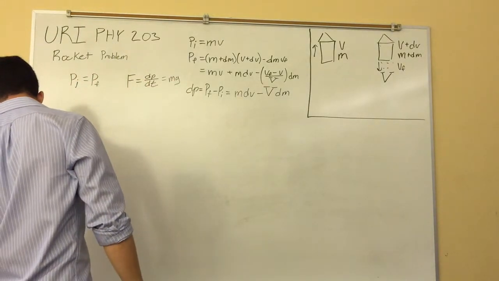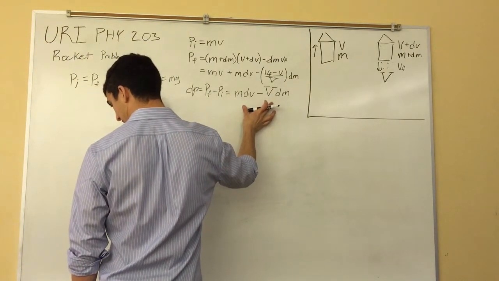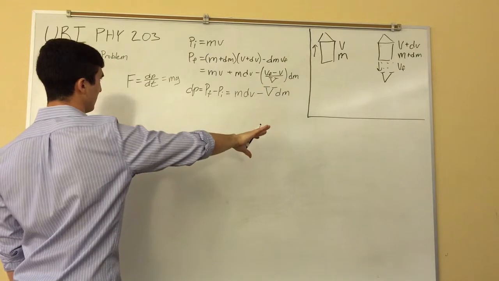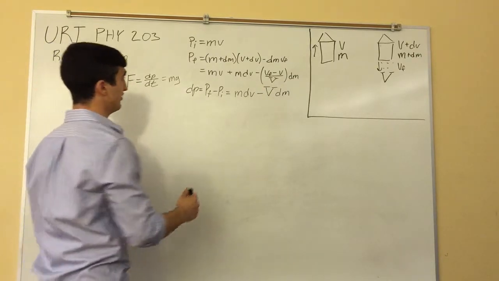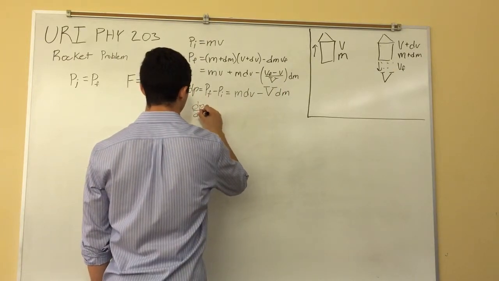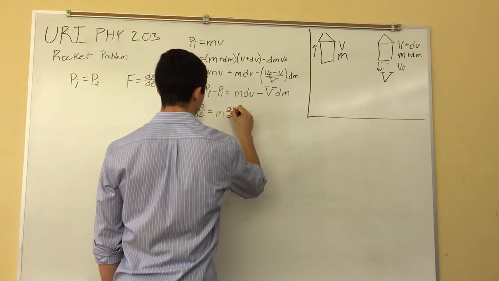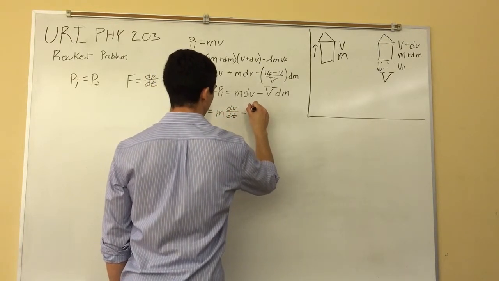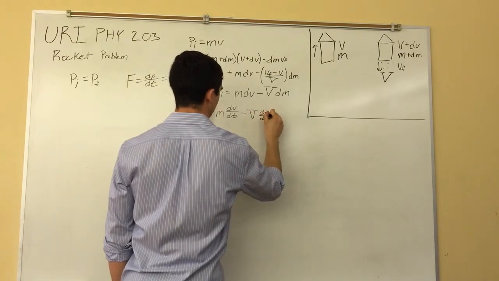So we're going to come down here, and we're going to set this right here, and we're going to take it and we're going to divide it all by dt, so we can create dp dt, so we can equate it to mg. So next we're going to say dp over dt is equal to m dv over dt minus velocity of the exhaust dm over dt.